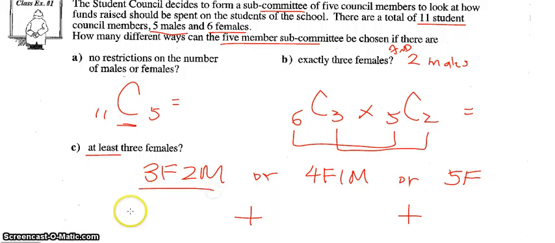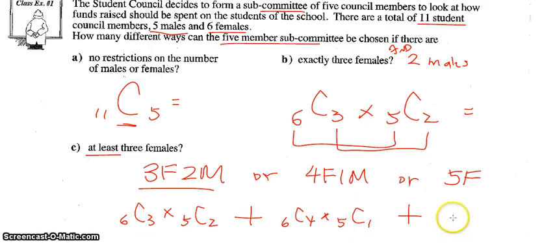This is part B. 6 females, you choose 3, multiplied by 5 males, you choose 2. The other ones are similar: 6 females, you choose 4, multiply 5 males, you choose 1. Here, 6 females, you choose 5. That's it. Add them together, that's the answer.